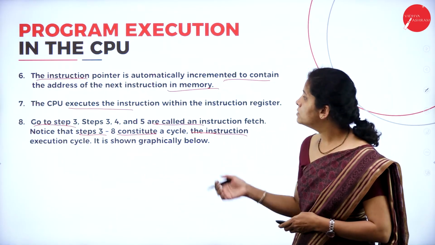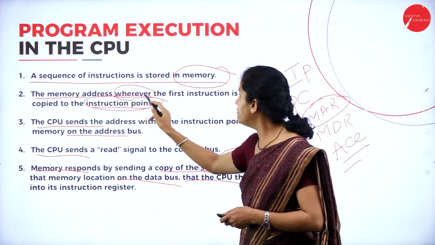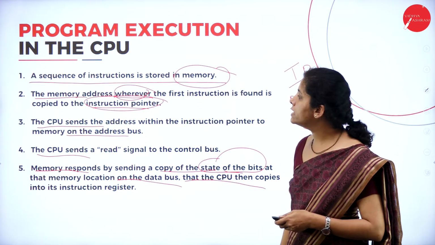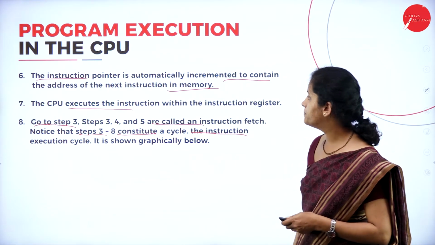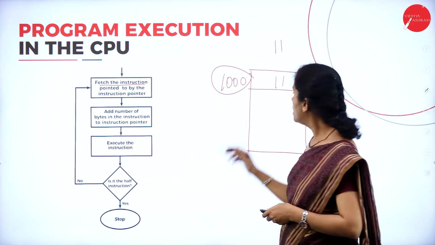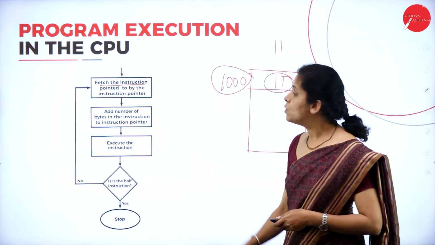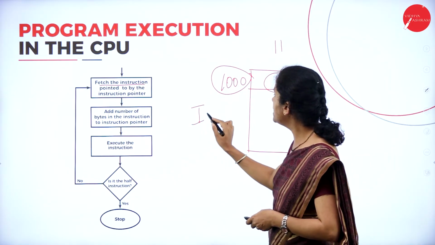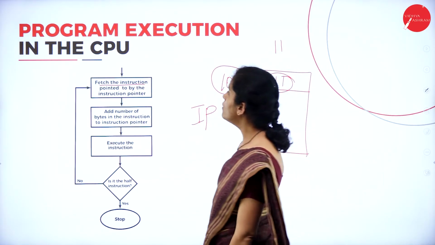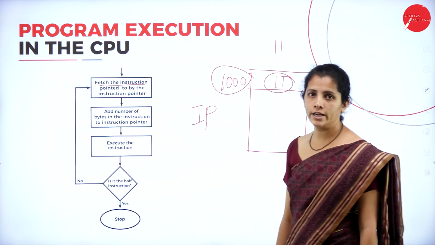Now see here, wherever the first instruction is found is copied to the instruction pointer. At the location 1000 I have the content 11. Now what is the address of the IP, the instruction pointer? It is 1000. Now fetch the instruction pointed to by the instruction pointer.